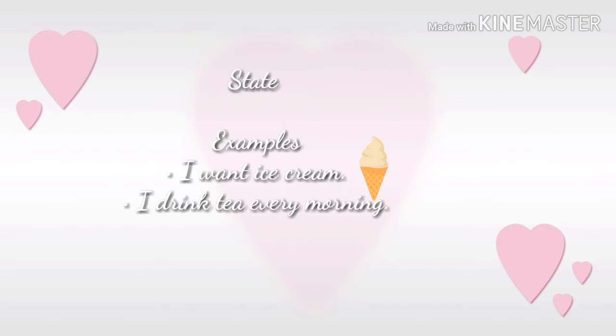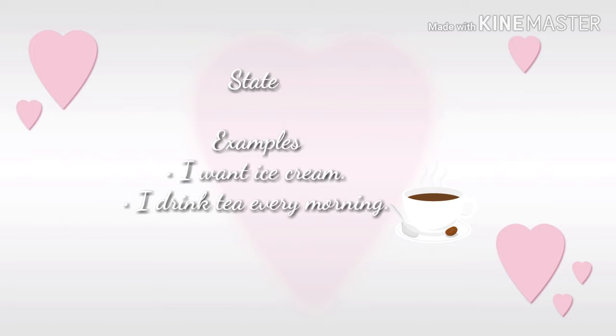Okay. The second sentence is "I drink tea every morning." This sentence is not showing a state. The word drink is not showing a state, it is showing an action. So this is not a state sentence; it is a normal sentence.